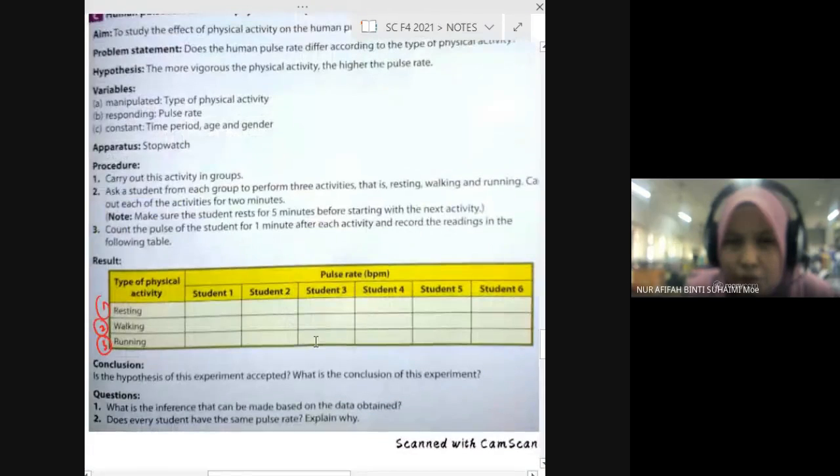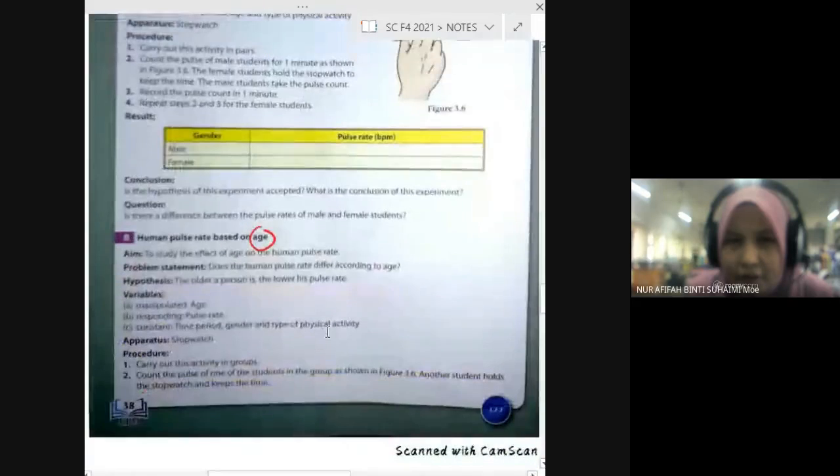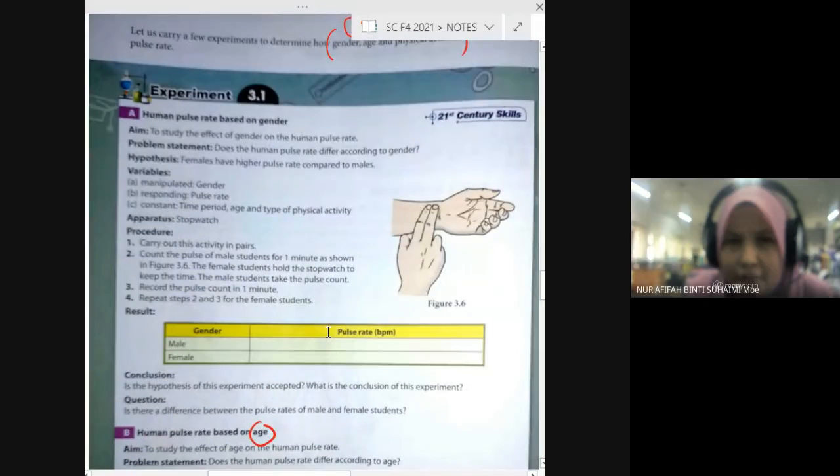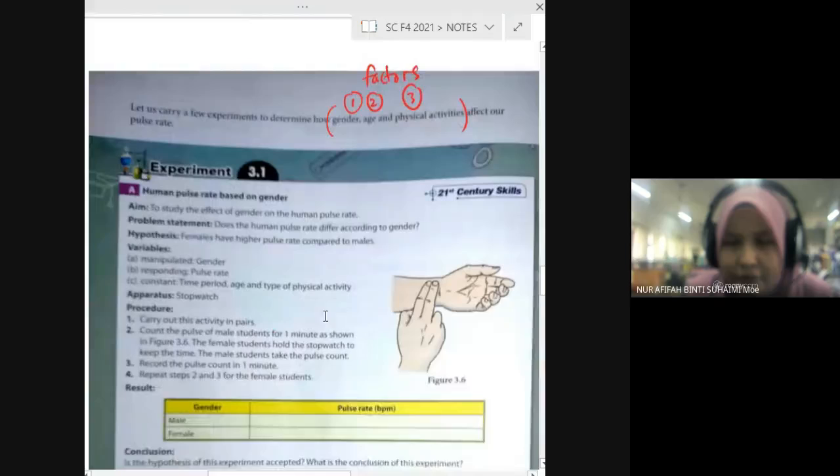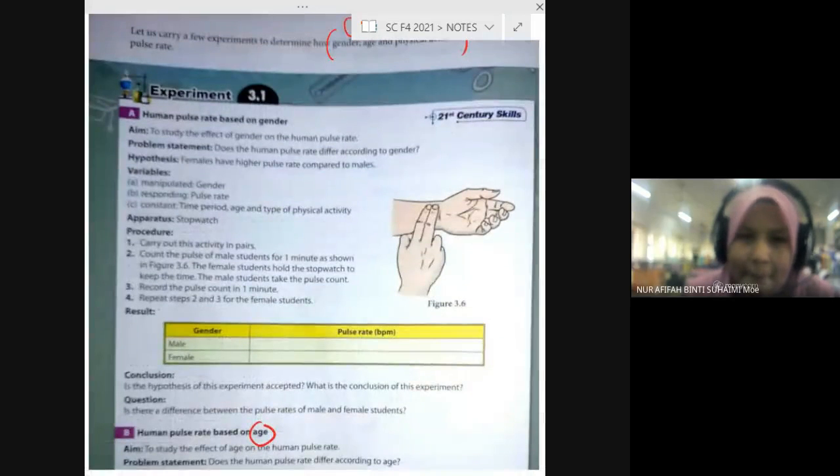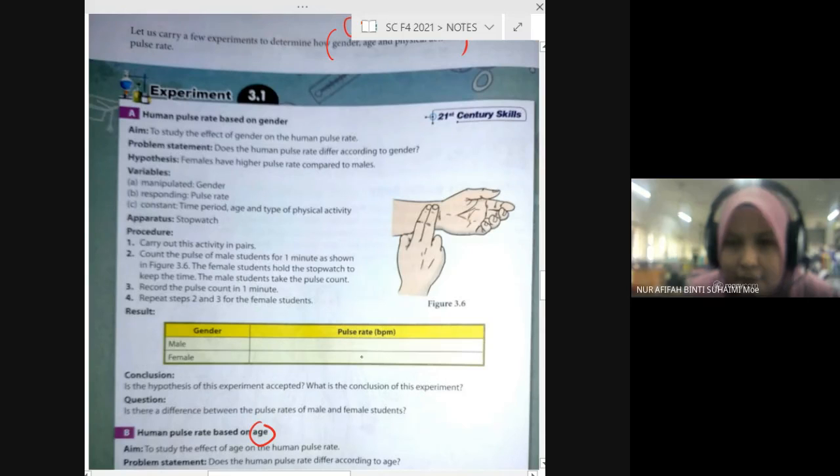The conclusion for these three parts of the experiment shows that the pulse rate of female is more than the pulse rate of male.